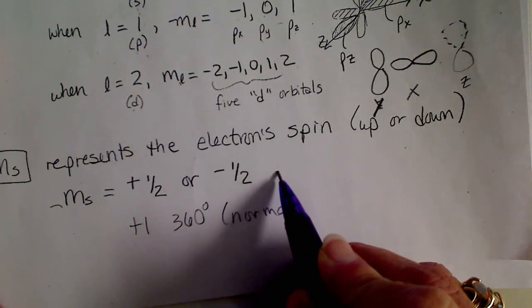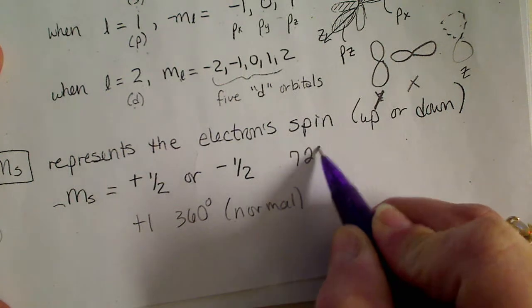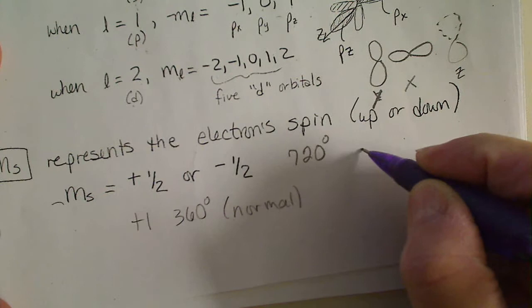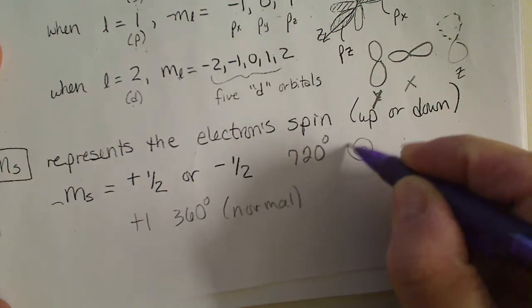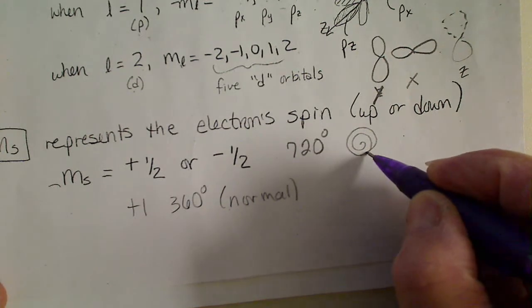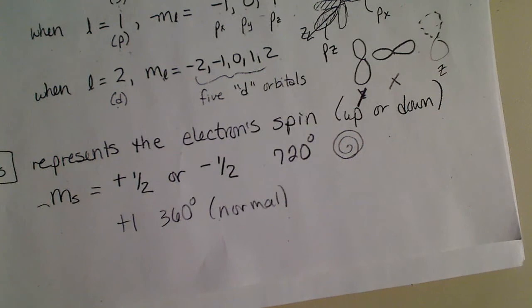Spin 1/2 is very strange. That means you've got to go 720 degrees to get back to the original position. So it's almost like you got to go around twice to be back in the original position. Again, that does not make physical sense, but that's the mystery of quantum mechanics.